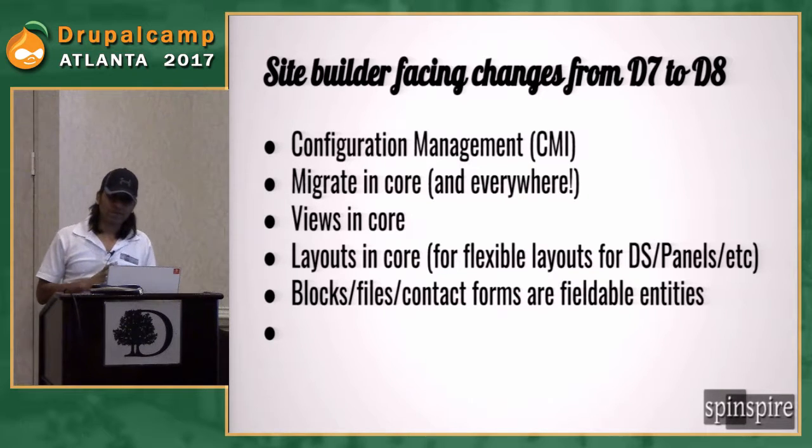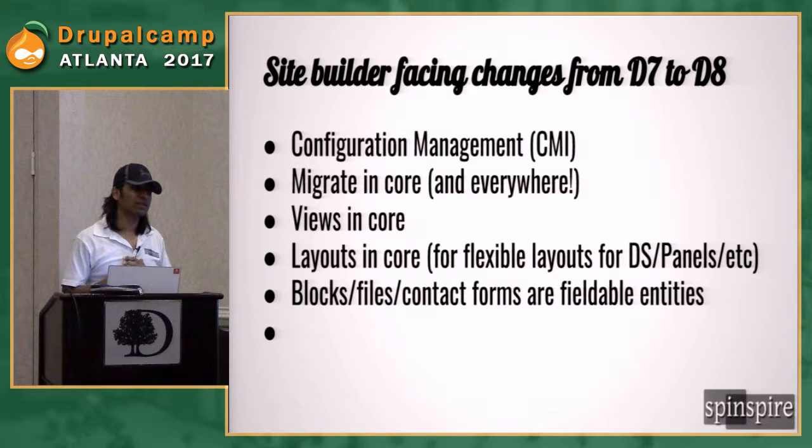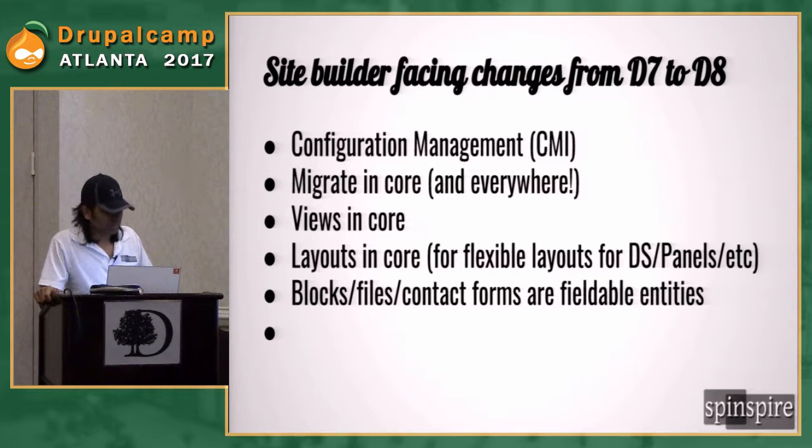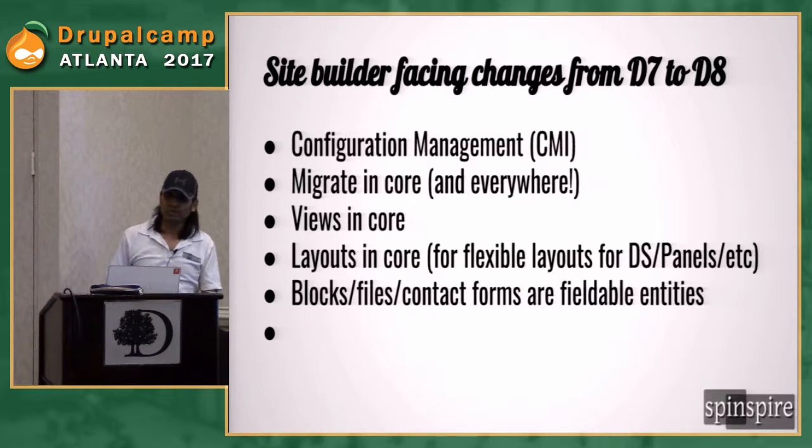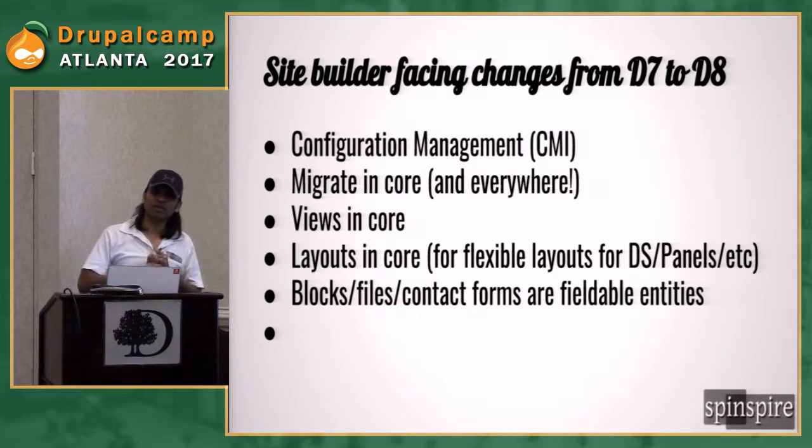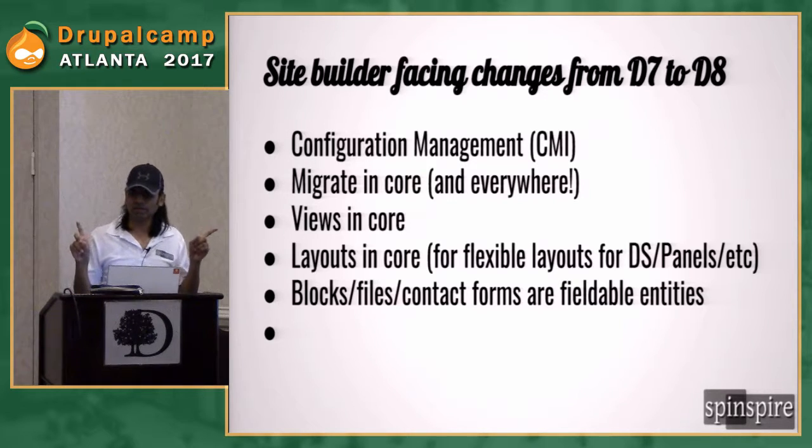And then everything is an entity. This is something that impacts developers even more than users and site builders. But this is good. Everything is an entity. Blocks are entities, which means you can add fields. You can create your own block types, which means a new bundle. Is everybody familiar with what a bundle is?